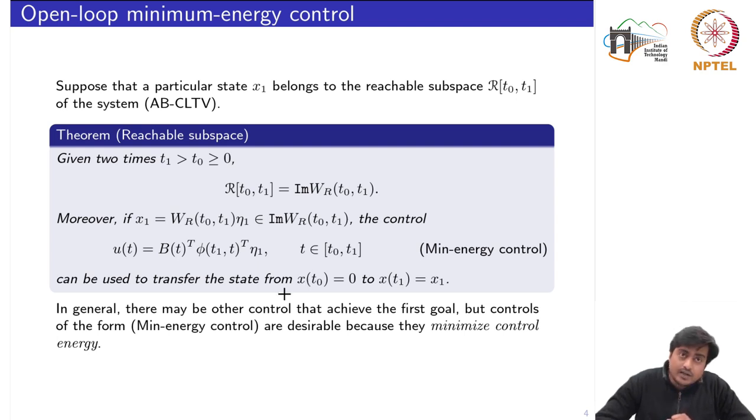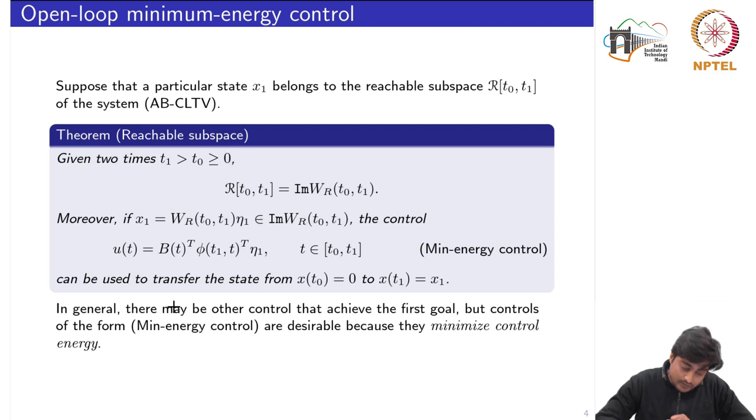In fact, it comes from the definition of the reachable subspace, that if I apply this control signal, and in fact we had seen the detailed proof that applying this control signal would steer the trajectory from the origin to x1, right?